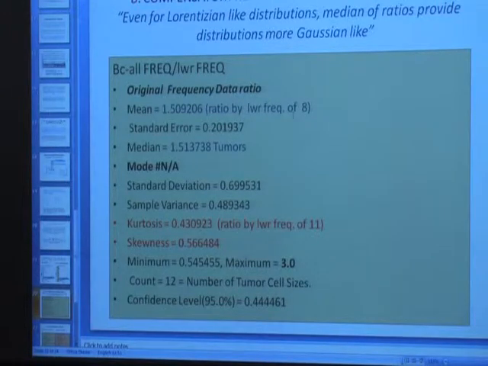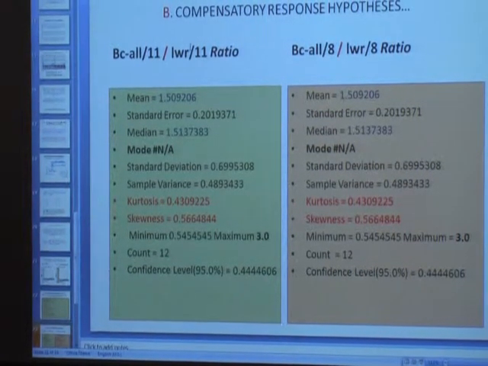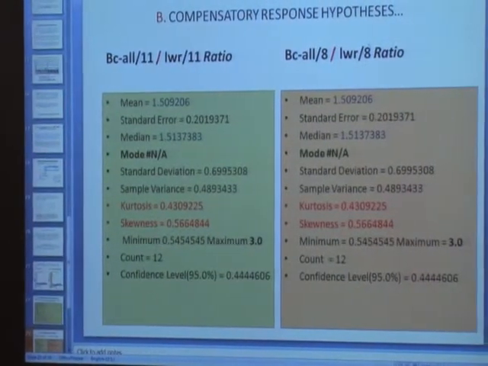So there is something about 8 and there is something about 11 that I need to consider. And look at these numbers. If I go to the next one, these are the same numbers, even though I've taken the BC frequency divided by 11, and this by 11, and then this by 8, and this by 8.